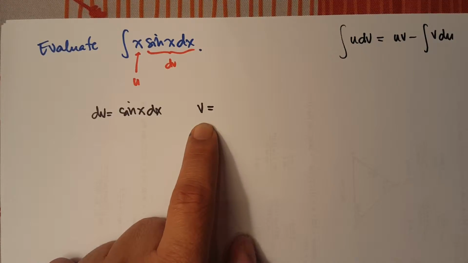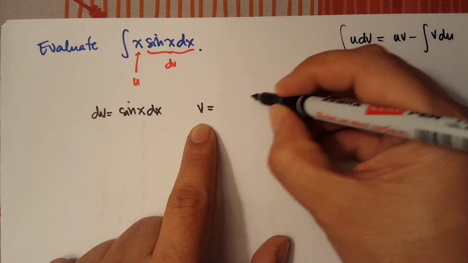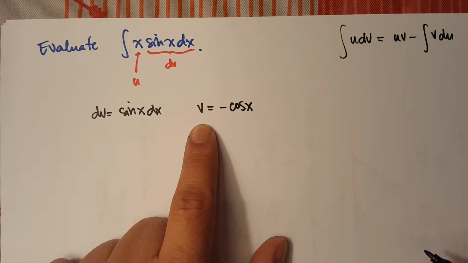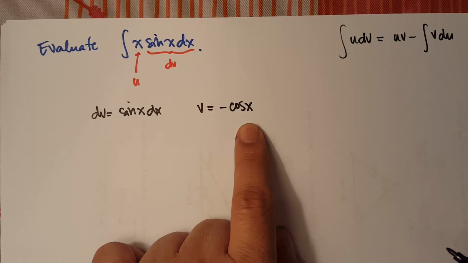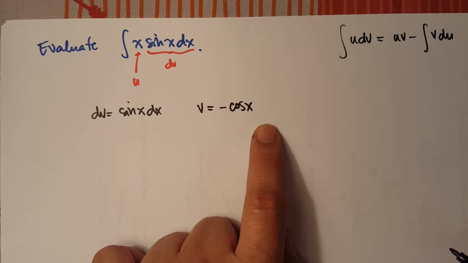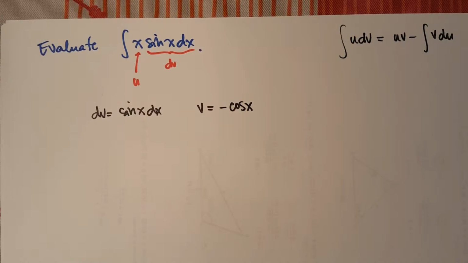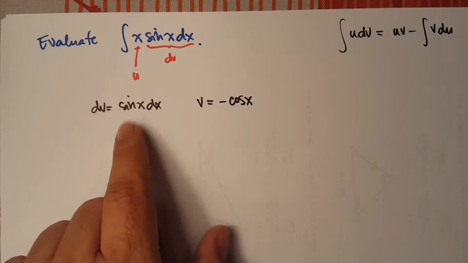And what's the integral of sine x dx? The integral of sine x dx is equal to negative cosine x. Now we don't need to bother with constants for now, so we just leave it as it is. We don't need to add any constant for now. And that gives us the value of v.